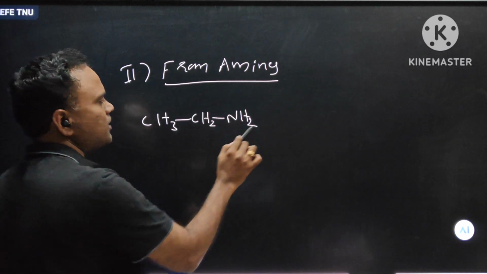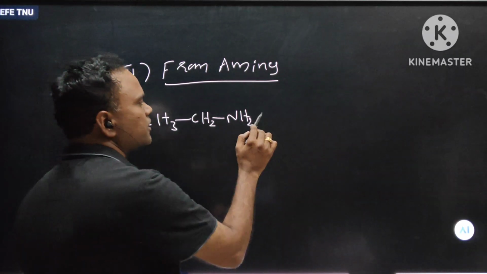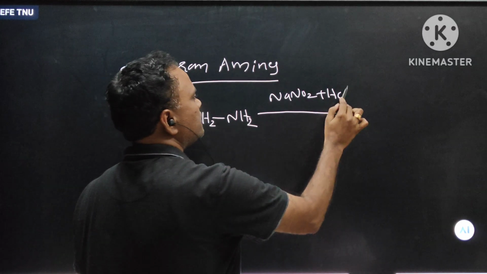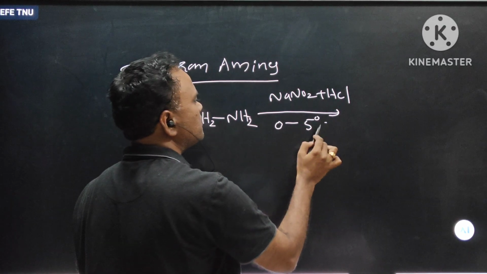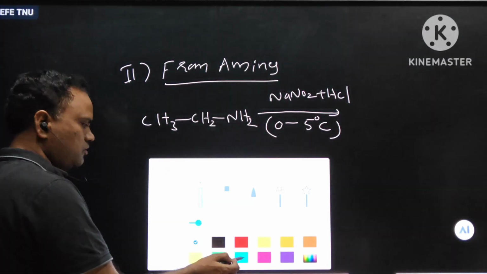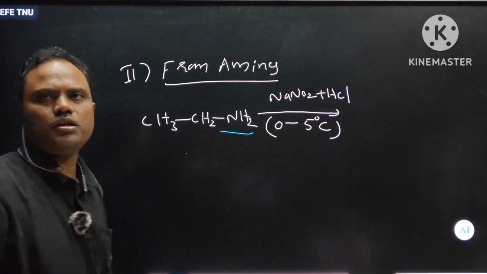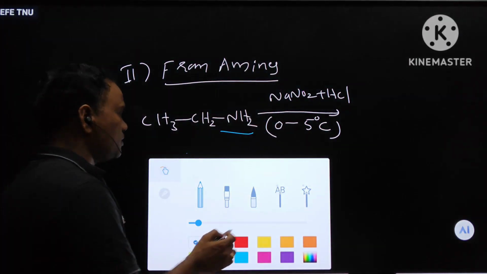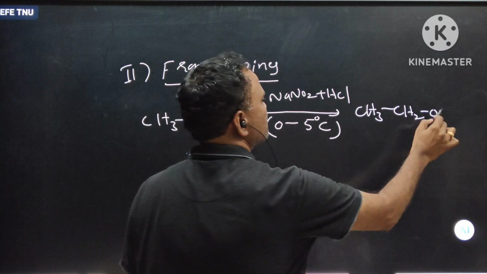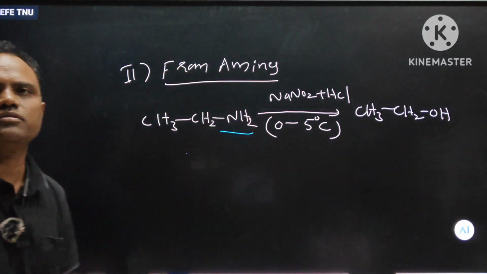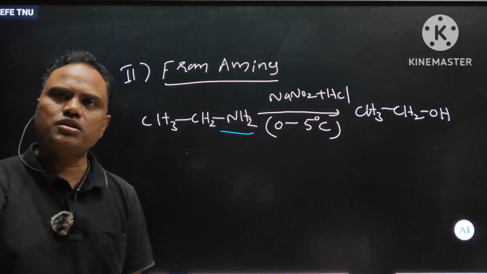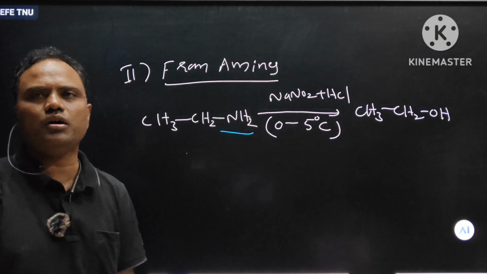This is a primary amine, ethanamine, when treated with NaNO2 plus HCl at 0 to 5 degrees centigrade, the NH2 group will be replaced and the OH group will be substituted. Alcohol is formed. This reaction is also used for the preparation of alcohol.